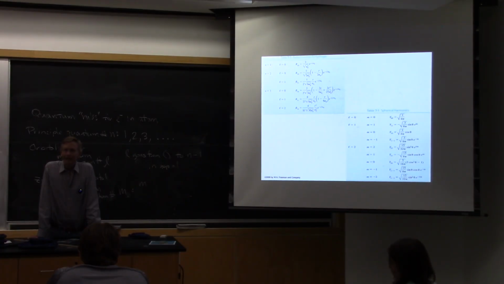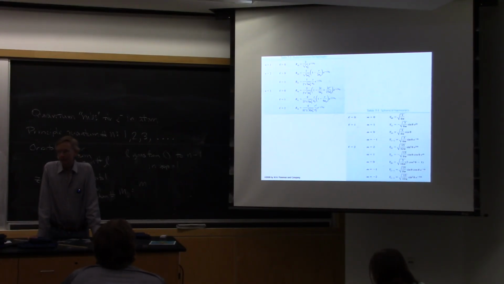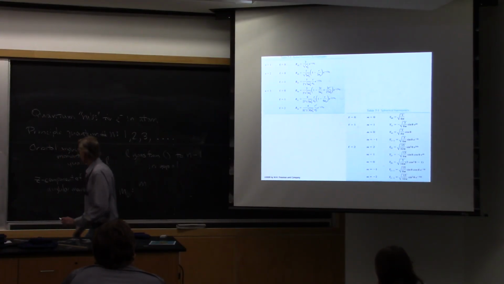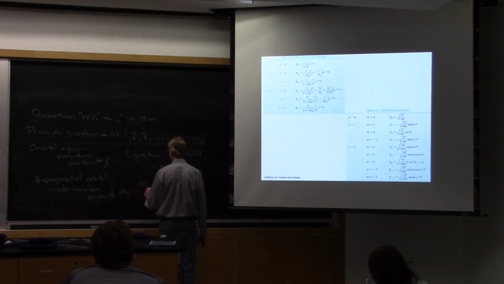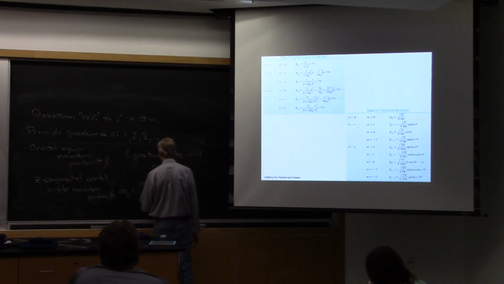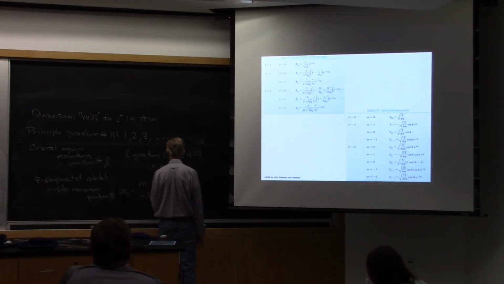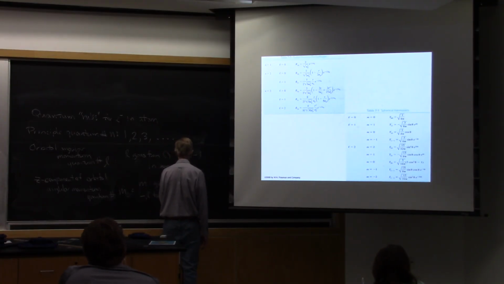And in terms of M sub L or M, we say -1, 0, 1. For a D state, how many are there? 5. So M sub L, or just M, is -2, -1, 0, 1, 2. So in other words, M, or M sub L, goes from -L to L in steps of 1.